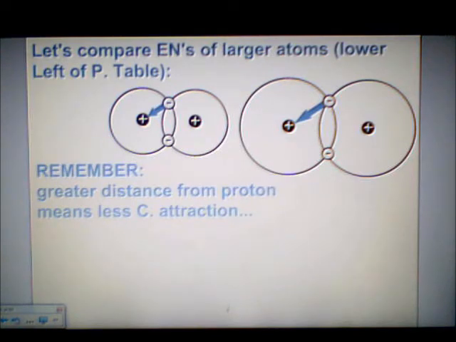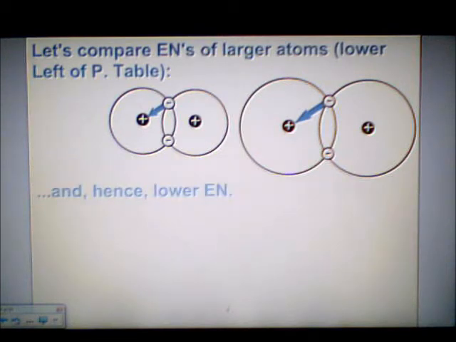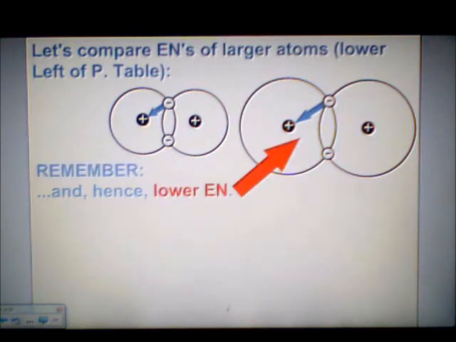Remember, greater distance from the proton means that you're going to have less of that Coulombic attraction for that electron. So in this case, the example on the right shows that you have a lower electronegativity because the electron is much farther from the nucleus, and therefore it's going to have less of an attraction, even in the bond. So this example here is the lower electronegativity.